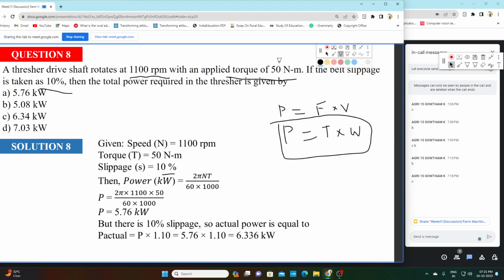T is given? Yeah, T is given. Omega is given? No, omega is not given, but we have been given N, that is rpm. Now how can we get this omega from this N?